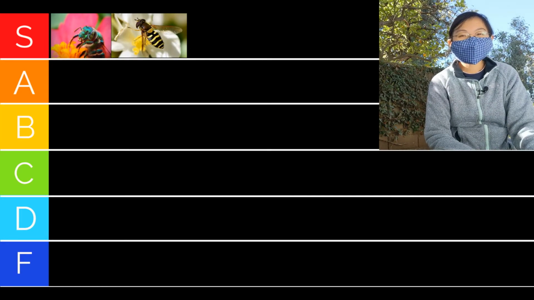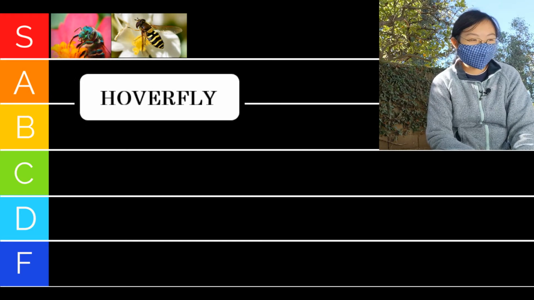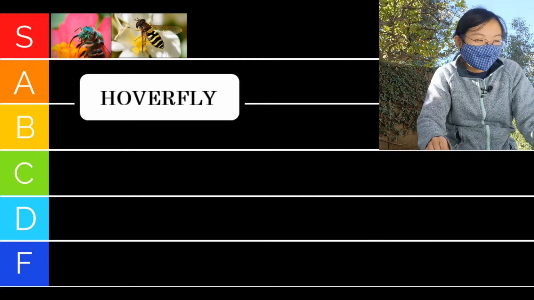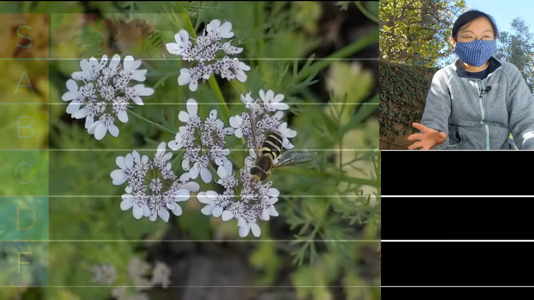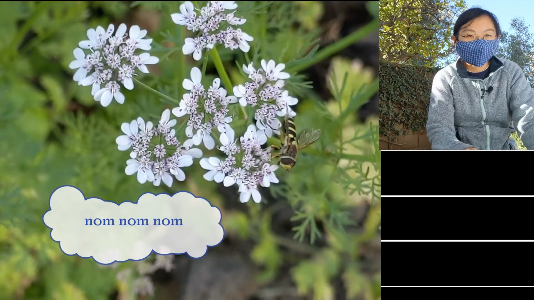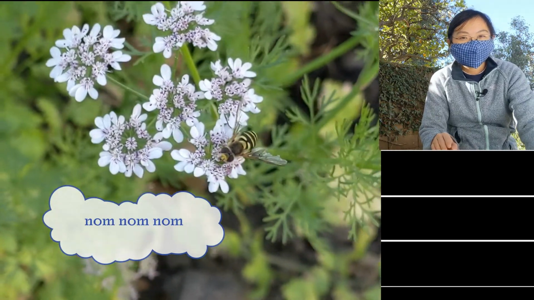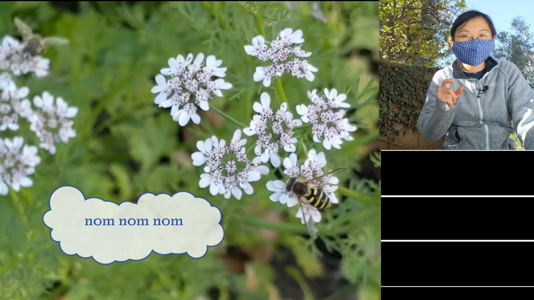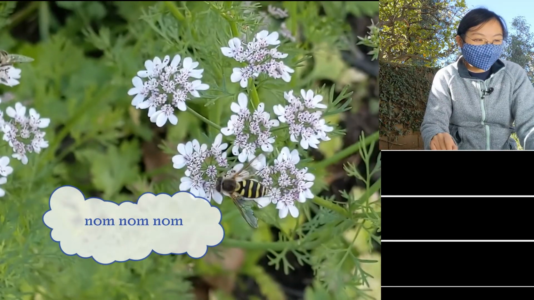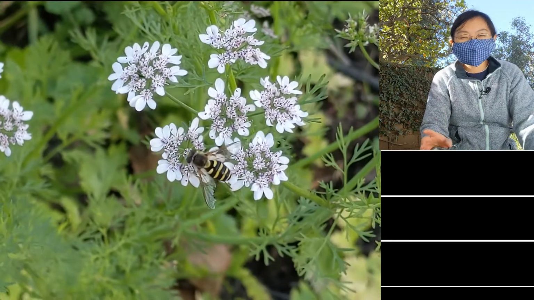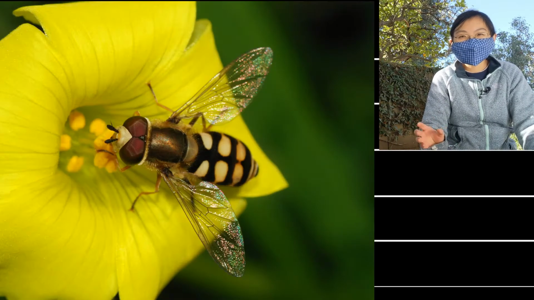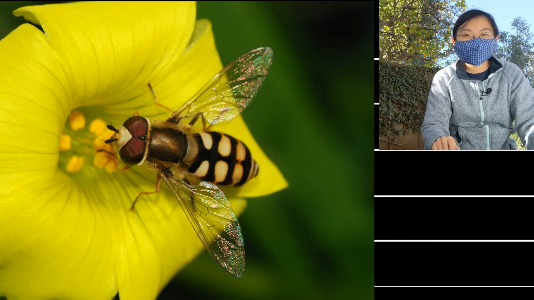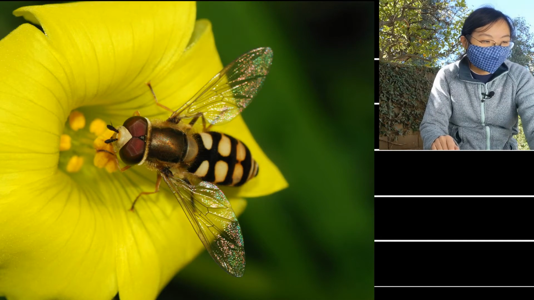Alright, so the second insect that we have today is the syrphid fly, or the hoverfly, and I'm putting this at an S tier as well. So you might mistake these insects for bees because they look really similar, but they actually are flies. And you can usually differentiate them by their really short and stubby antennae, and this could be kind of hard to see depending how close you are, but generally speaking, they would look significantly shorter than you would expect on a bee.